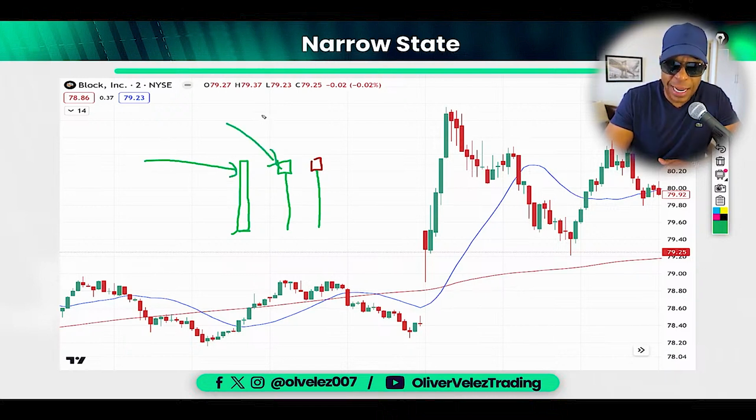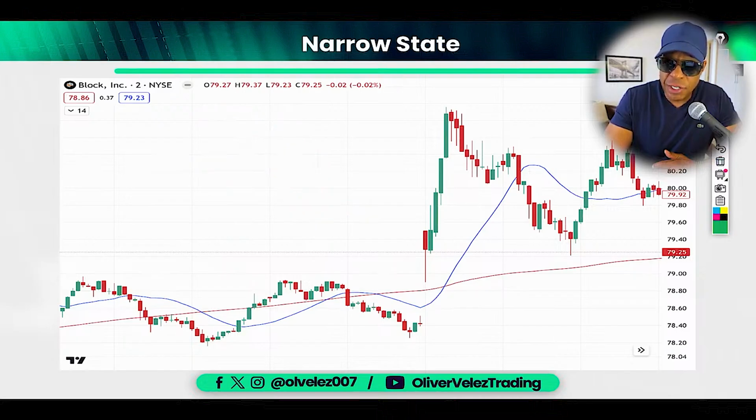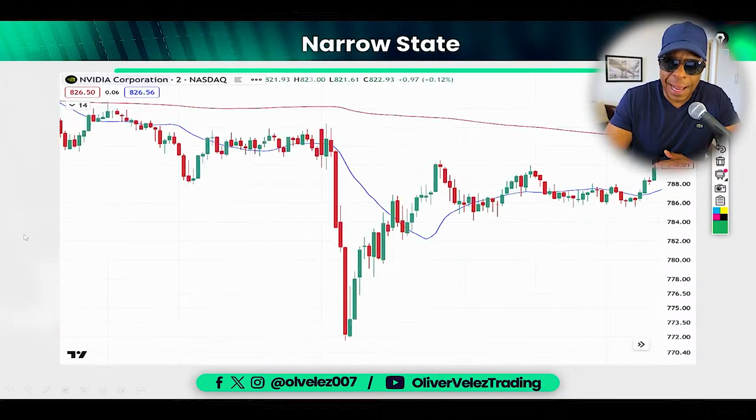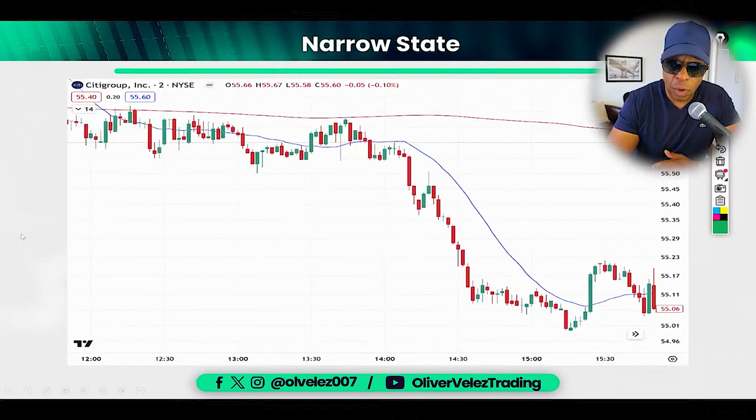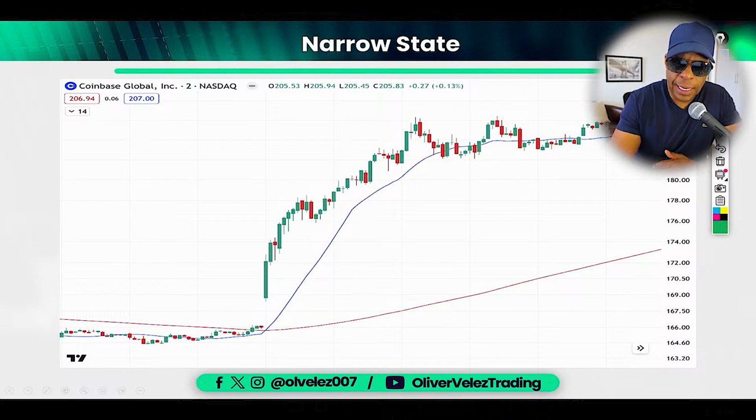So here's elephant power and tail power. Here's green tail power, red tail power. Doesn't matter. If the tail is at the bottom, it's bullish. Okay? So remember, I showed you elephant power, right? Here's elephant power. Boom. Okay?